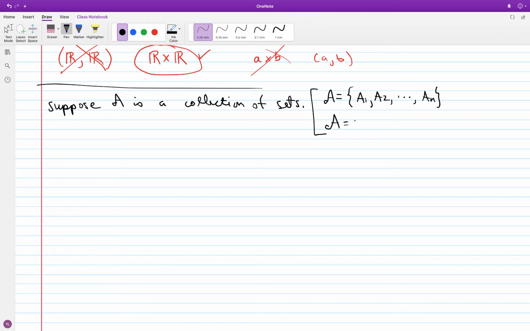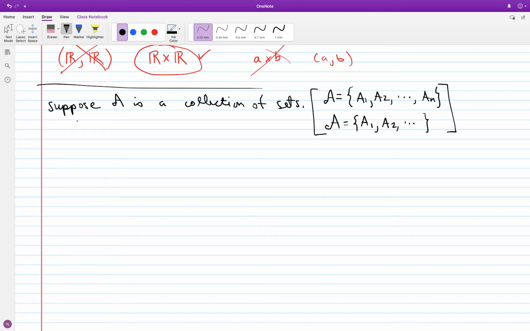I don't really care. And in another class, I would even be more general about this. This is a certain level of infinity that I just marked off here. But in general, curly A could be a really, really largely infinite collection of sets, whatever that means. For our purposes, just think of curly A as either a finite collection of sets or an infinite collection of sets indexed by the natural numbers or something.